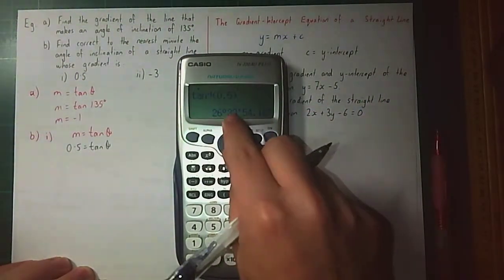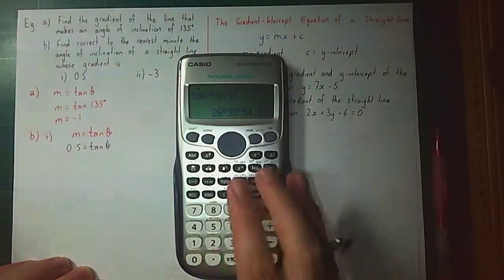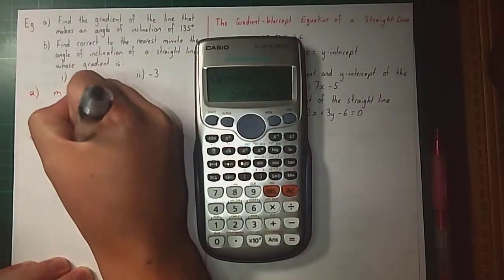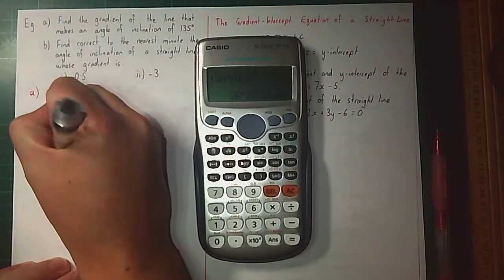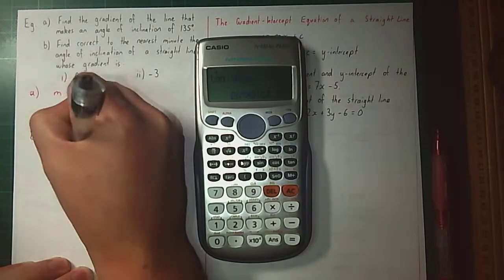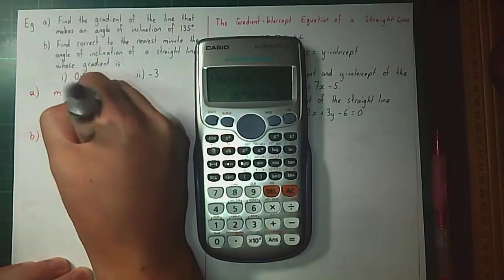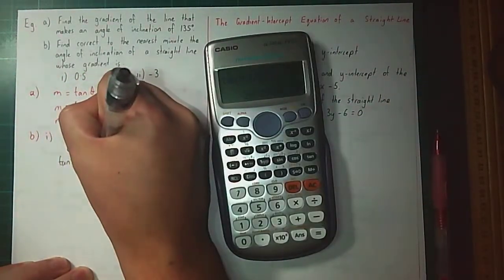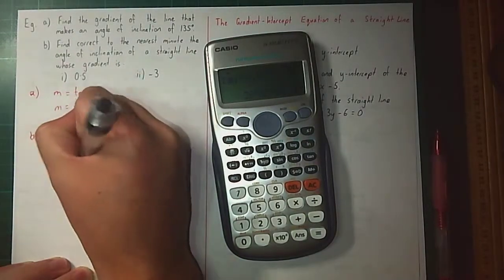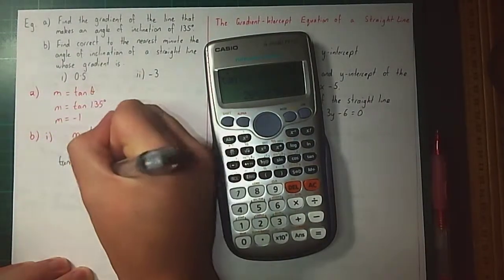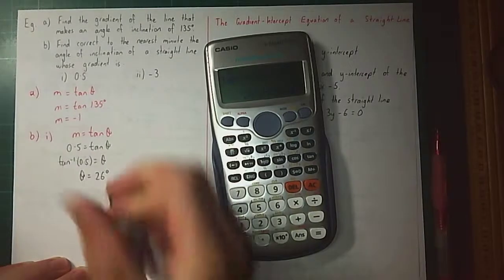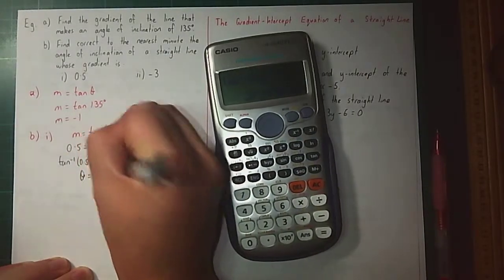So we need to round this up because it's more than 30. So tan^-1 of 0.5 is equal to theta, and our theta is 26 degrees and 34 minutes.